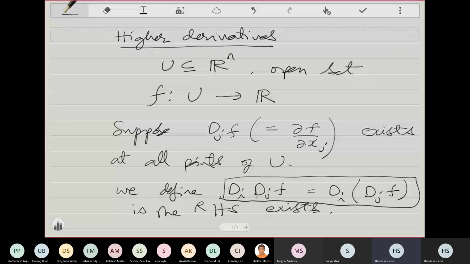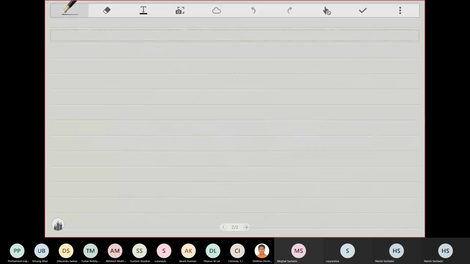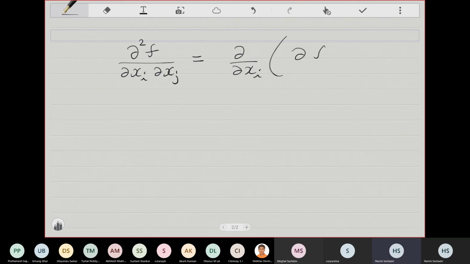The only difference between left hand side and right hand side is I've not put brackets. That's all. So classically, one would write it as del squared f by del x_i del x_j. This is defined to be del by del x_i of del f by del x_j. That's all. This is all that I'm saying, except in new notation.